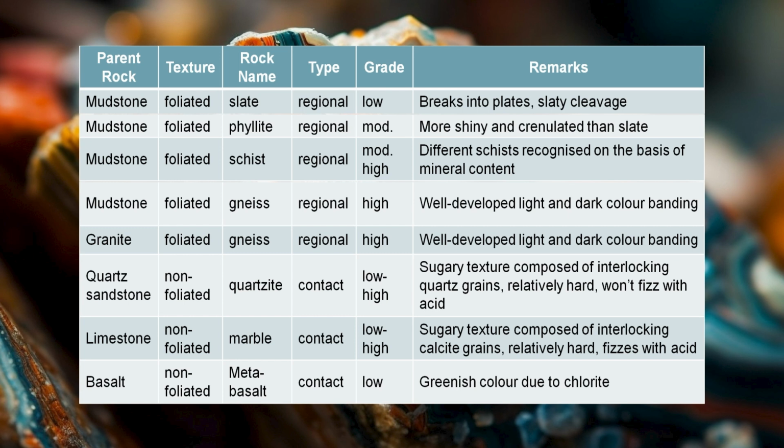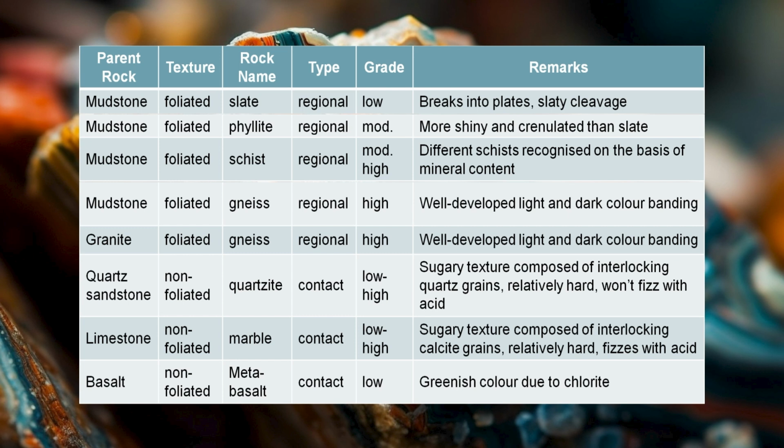Quartz sandstones can result in formation of quartzite, which can be clubbed as a non-foliated metamorphic rock, and it is formed by contact metamorphism. So, it is a contact metamorphic rock and also a low to high grade metamorphic rock, usually identified by the sugary texture of interlocking quartz grains, which are relatively hard but won't fizz with acid.